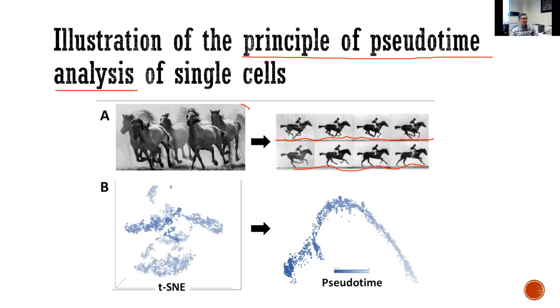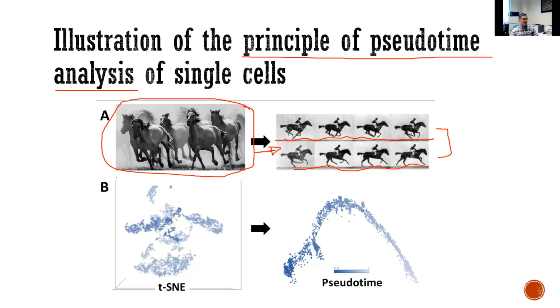What you can do is get pictures of a lot of running horses, and then align them according to their similarity, and put them together, linearize them into a trajectory, and you probably can reconstruct the movement for an individual horse. In this way, you study this movement by using only a picture of a group of running horses.